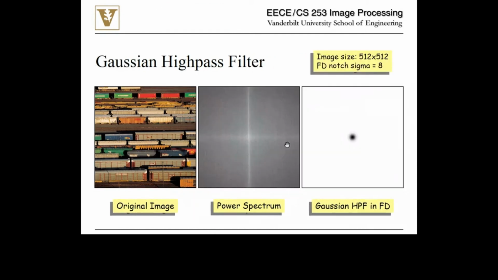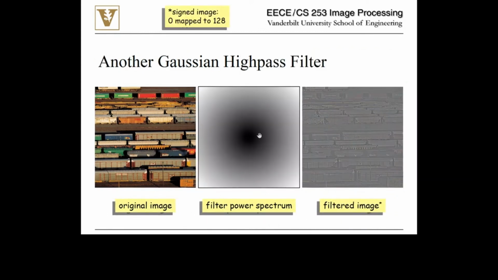So for instance, this one was removing very few low frequency components, while this one is removing most of the low frequency components, not completely removing, but dampening them. And that is why you have the edges better highlighted.